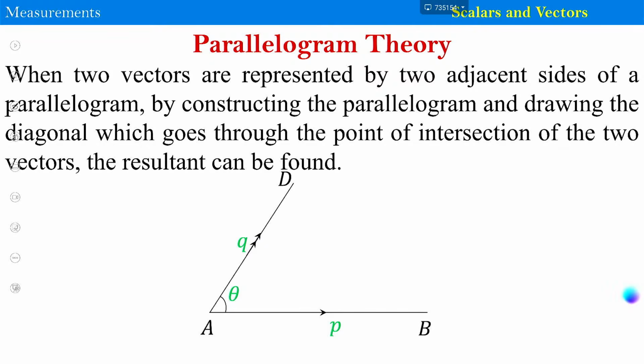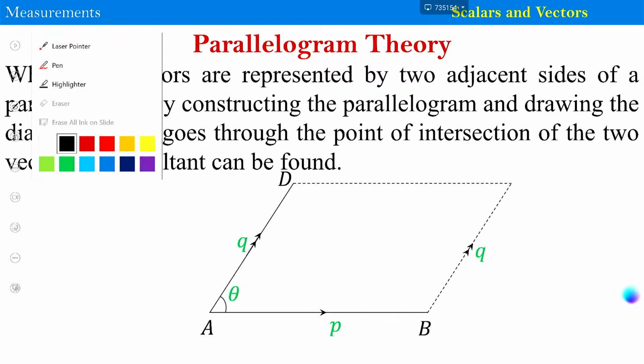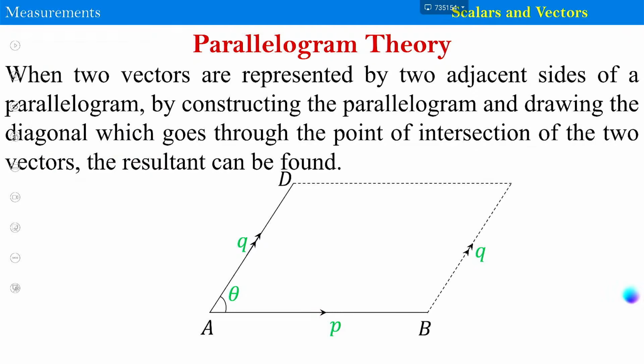So we have the same two vectors, AB and AD. We are going to represent these as adjacent sides of a parallelogram. Since this is a parallelogram, these two sides are equal, right?